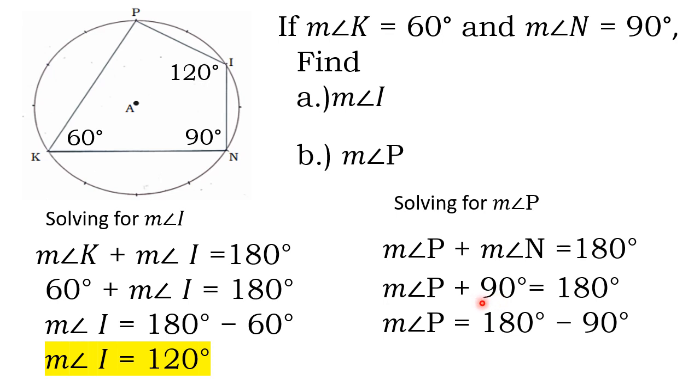So this positive 90 is transposed to the right side of the equation. And therefore, measure of angle P is equal to 90 degrees also. So this angle here is also 90 degrees. So once we add the measurement of the two angles, their sum is 180 degrees.